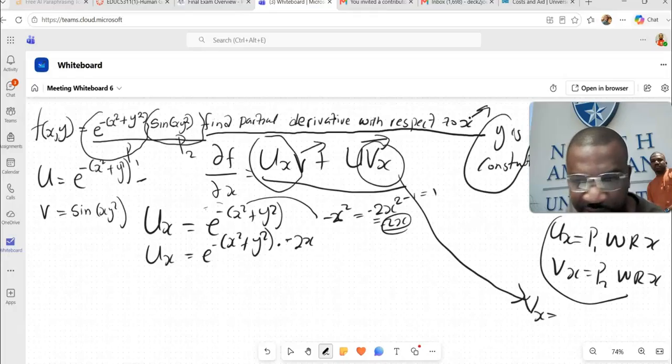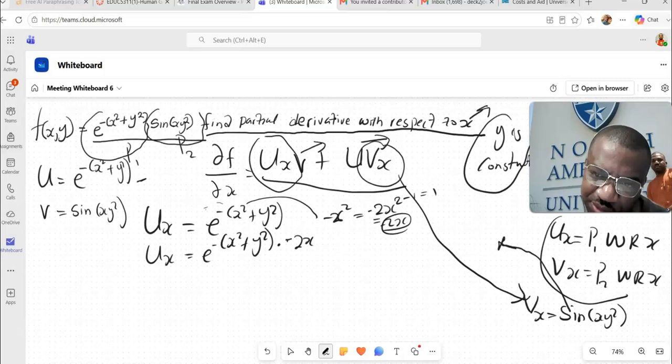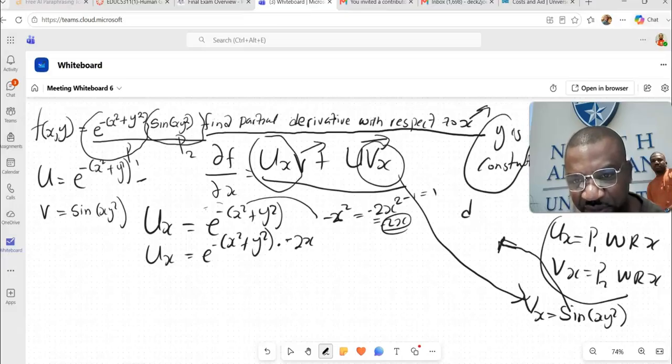So let's go for the partial derivative for P2, which is Vx, and that is sine x y to the power 2. Whenever you see sine, always find the derivative for sine. The derivative of sine x is cos x.